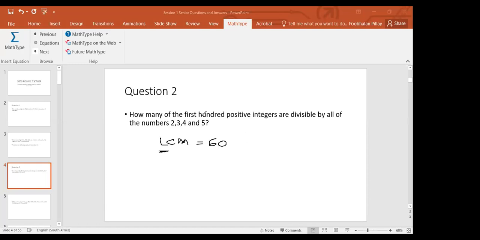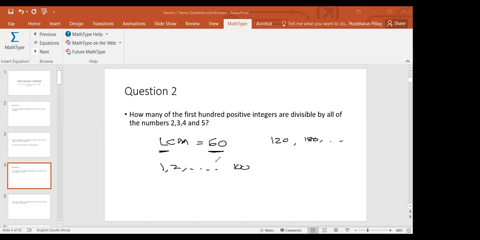But this number is from 1 to 100. How many of the first 100 positive numbers? That's the question, right? So you're looking for multiples. The common multiples are all multiples of the LCM. So the common multiples are 60, 120, 180, and so on, and 60 is the lowest of the common multiples.